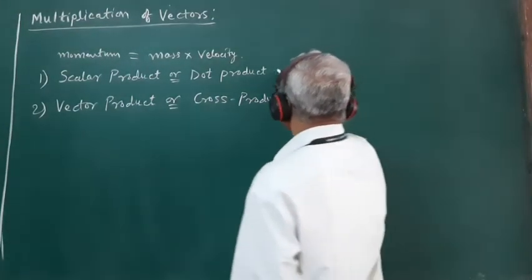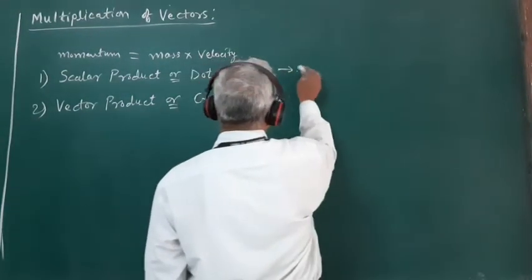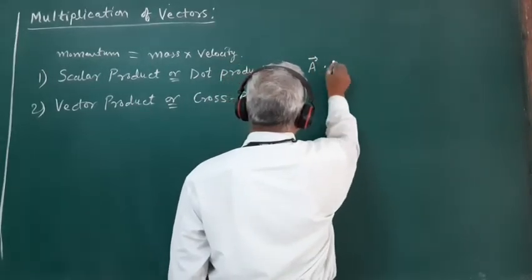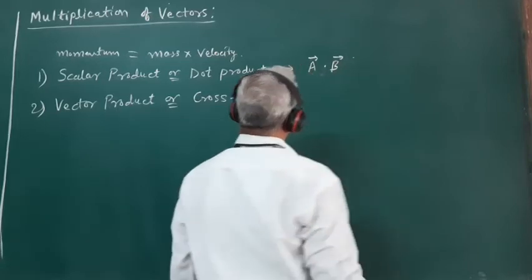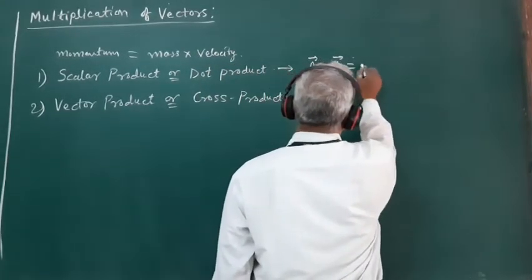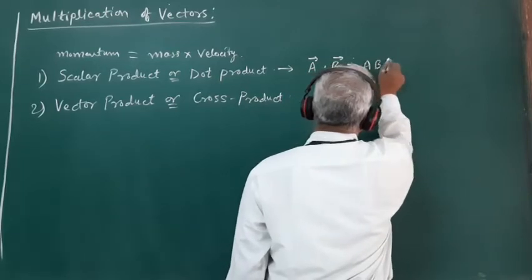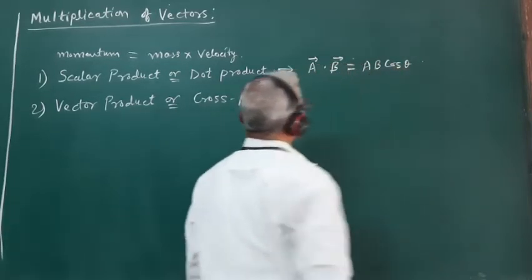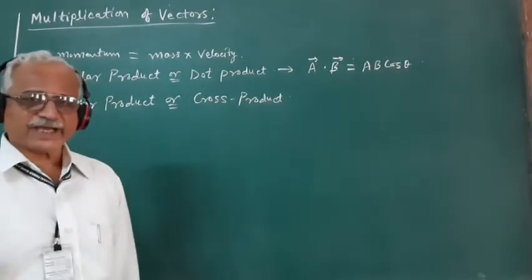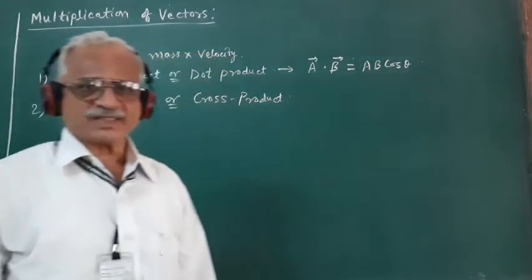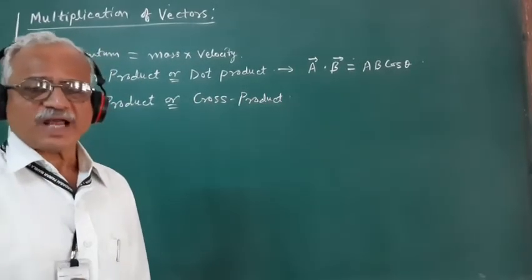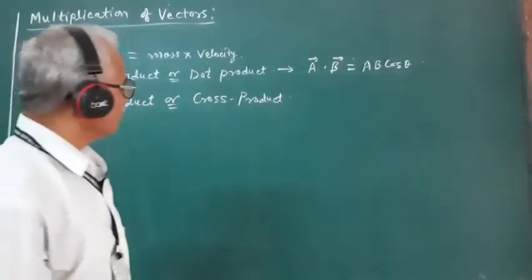The scalar product of two vectors is denoted by A bar dot B bar and it is expressed as A B cos theta, where A and B are the magnitudes of the two given vectors and theta is the smaller angle between the two given vectors.